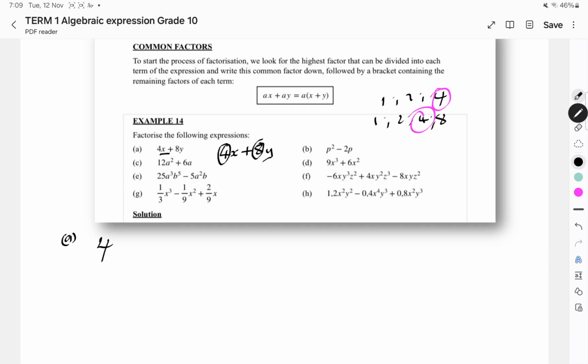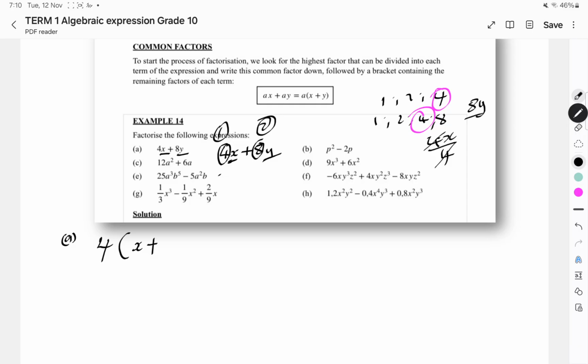Now I go to my variables. I have x this side, I have y this side. Is there a variable that is common? No. The first term has x, the second term has y. There's nothing common in terms of the variables. So I'm going to open my bracket and divide by my common factor. 4x divided by 4, this will cancel, I'm left with x plus.